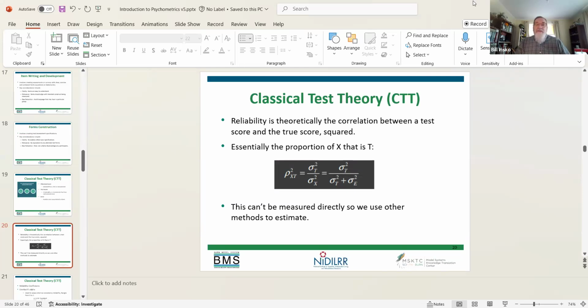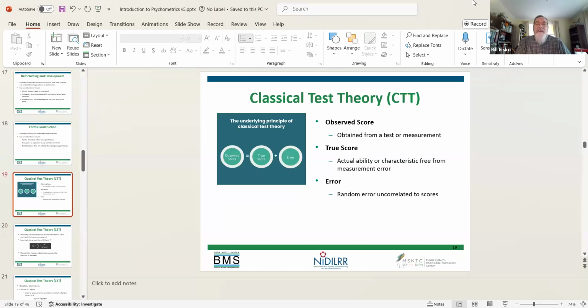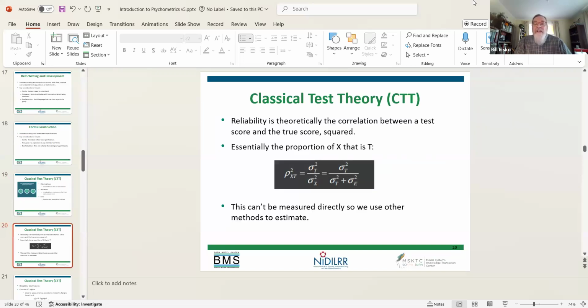And if you take the formula here for the scores and turn them into variances, you can see on the right-hand side of that formula that the true score variance is divided by the true score variance plus the error variance.